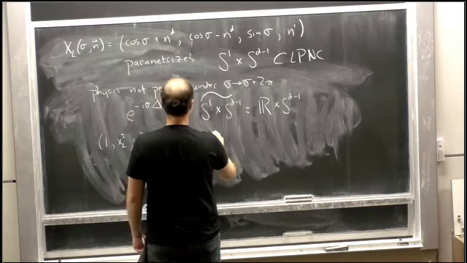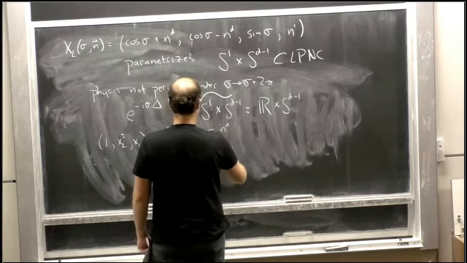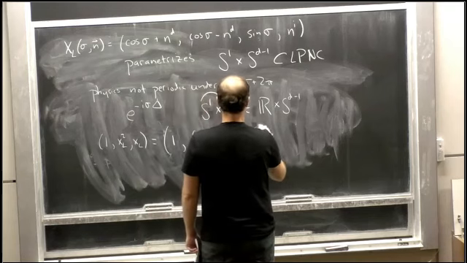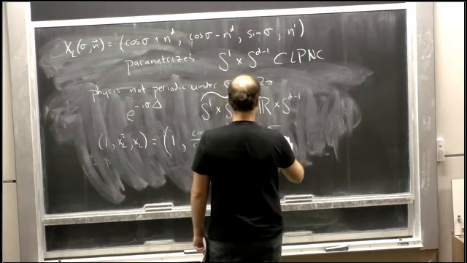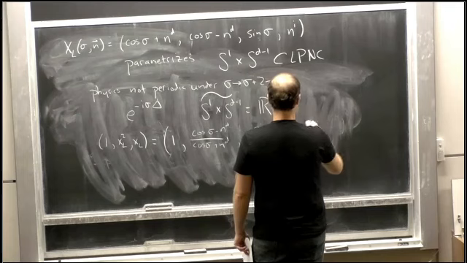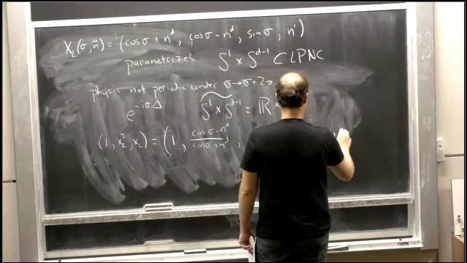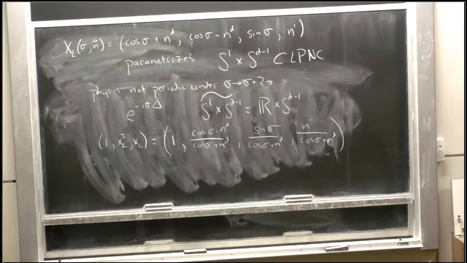So we get this relationship: (cos sigma minus n^d) over (cos sigma plus n^d), sine sigma over (cos sigma plus n^d), n^i over (cos sigma plus n^d).